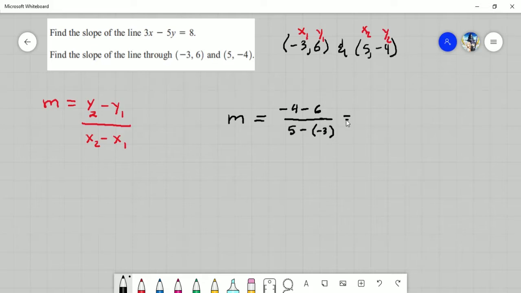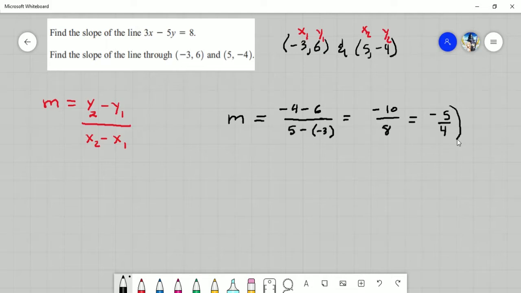So now I'll just evaluate. -4 minus 6 gives us -10. And then 5 minus a -3 is the same thing as 5 plus 3, which gives me 8. So here I have -10 over 8. We always want to simplify if it can be done. So -10 over 8 gives me -5/4.